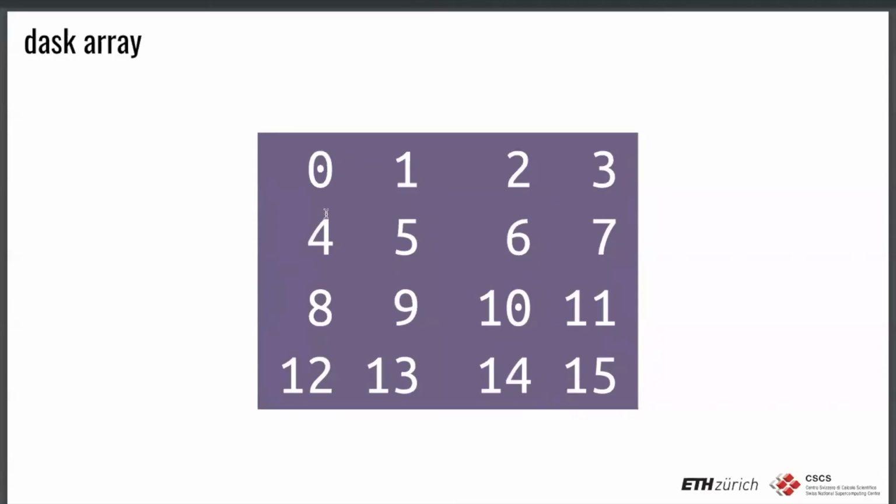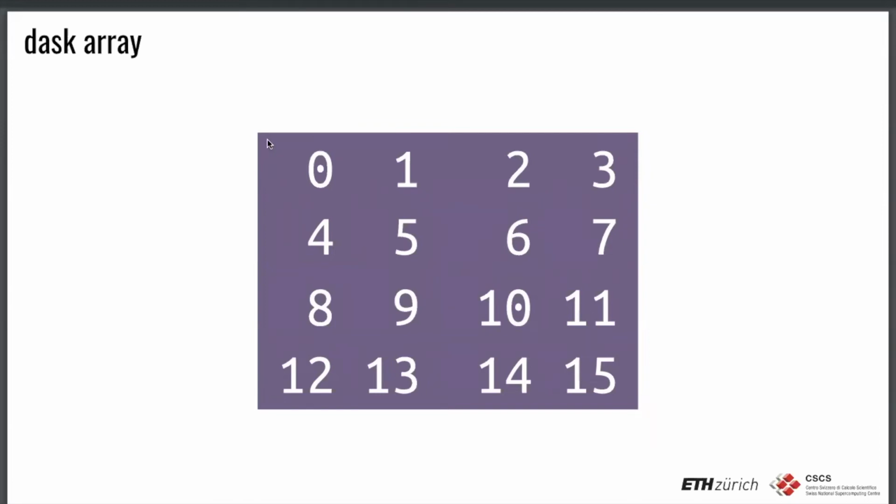Continue now with the second part of the session, which is going to be about Dask arrays. Dask arrays belong to the second category of things Dask has, the data collections. And Dask array is one of them.